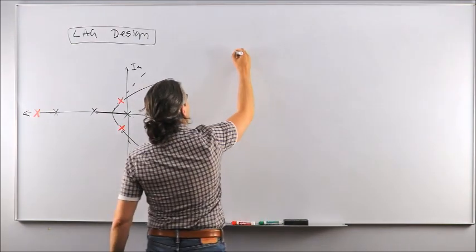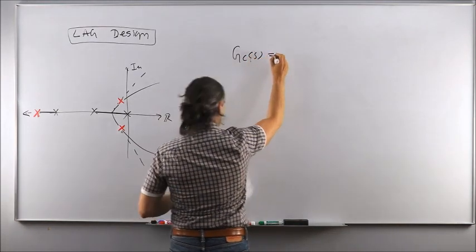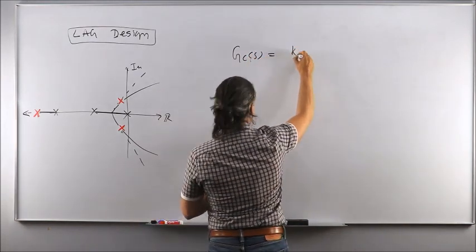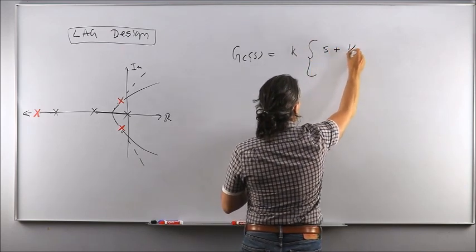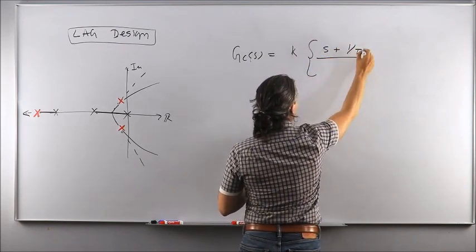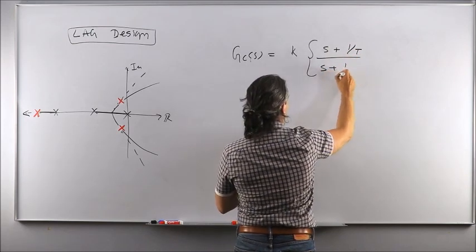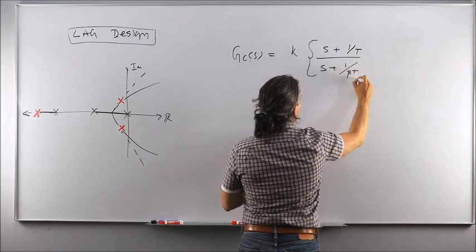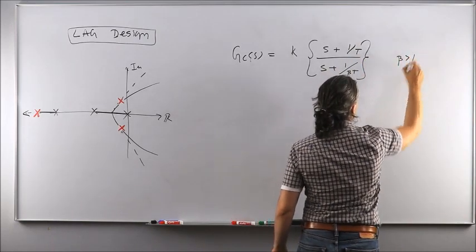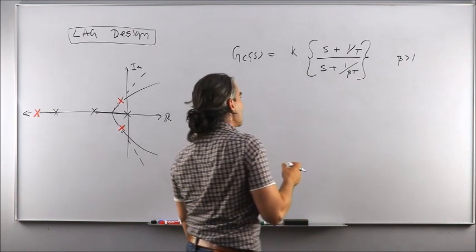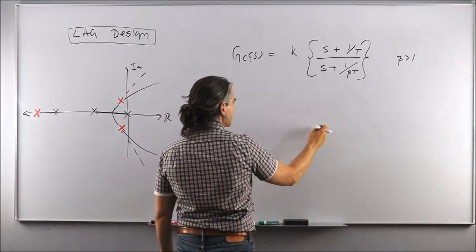Okay, lag compensator in terms of transfer function should look like K multiplies (s plus 1 over T), so this relates to the zero location, over (s plus 1 over beta T), where beta is always larger than 1, meaning that now the pole is going to be closer to the imaginary axis than the zero.